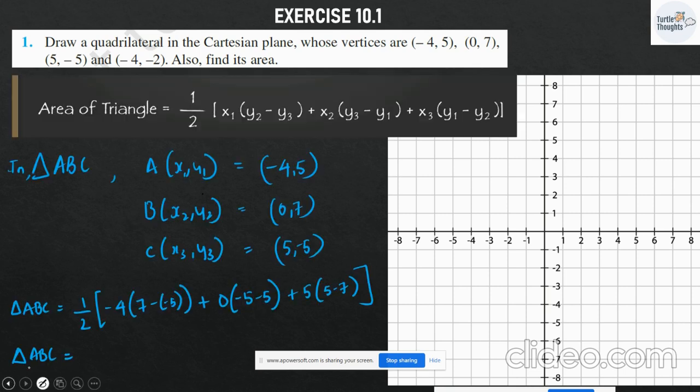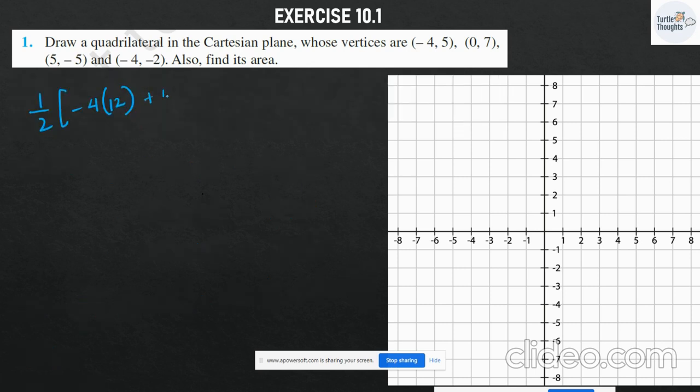I need not take the second one because 0 multiplied by anything is 0. 5 multiplied by 5 minus 7 is minus 2, so I can take it as plus 5 multiplied by minus 2. Right? Now I will be getting half multiplied by minus 48 minus 10, so I will be getting 58. So I will be getting over here minus 58, minus 58 divided by 2, I will be getting minus 29. This will be the area.